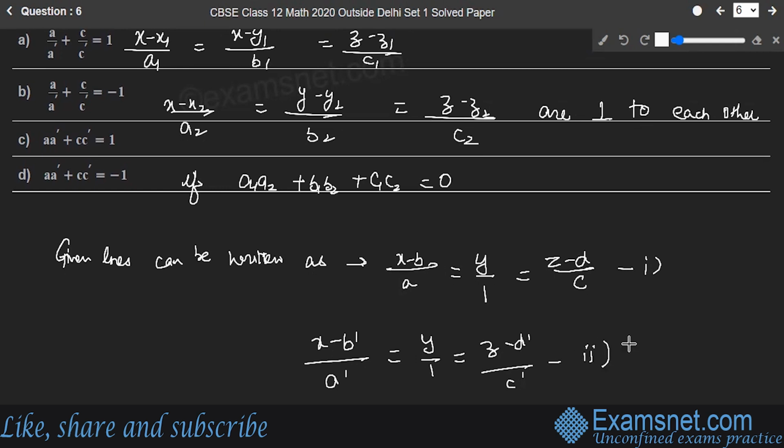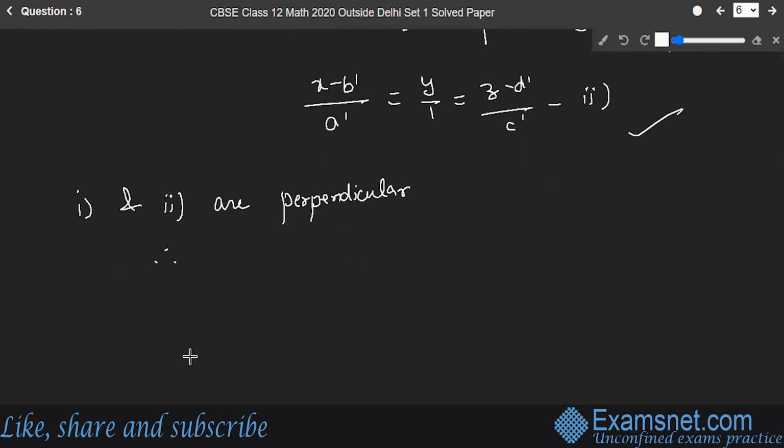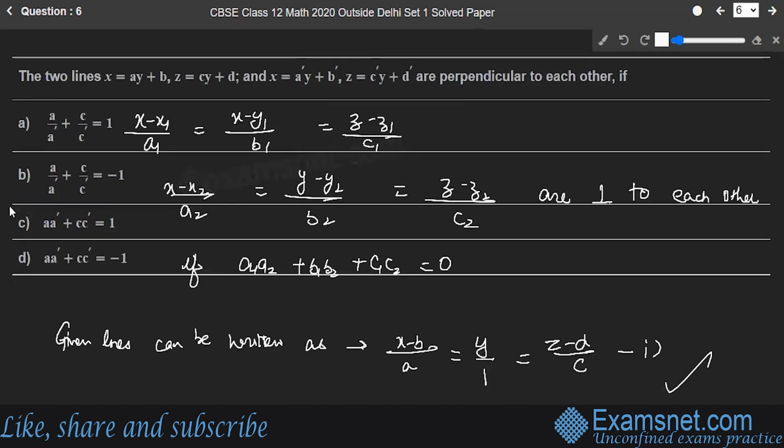Let's say this is 2. Now as it's given that these two lines 1 and 2 are perpendicular, that means a into a dash plus 1 into 1 plus c into c dash is equal to 0, which makes a a dash plus c c dash equal to minus 1. And this makes option D the correct answer.